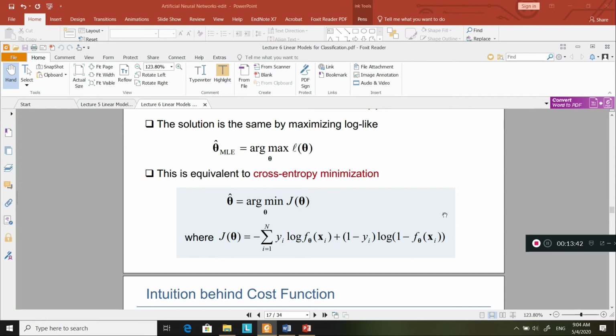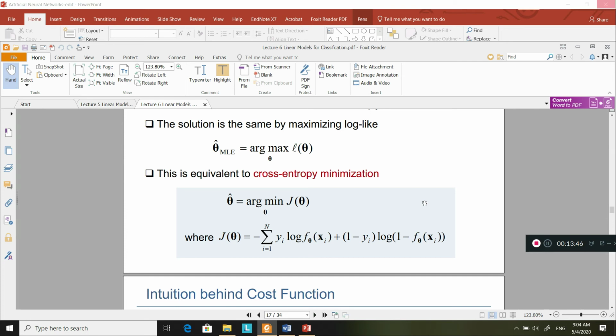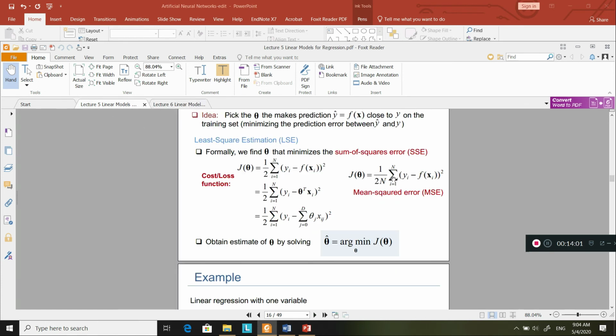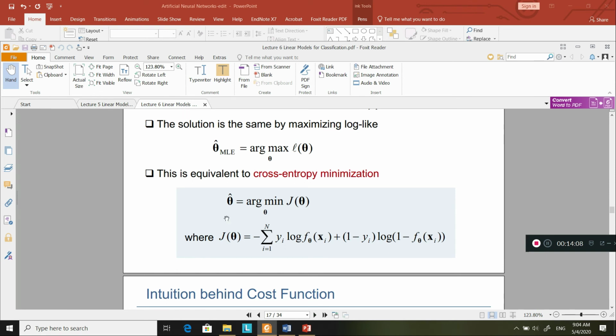If you refer to many textbooks, you will find that even if you want to do classification, you can still use the MSE. This means MSE is not specifically for regression; it can also be used for this case.